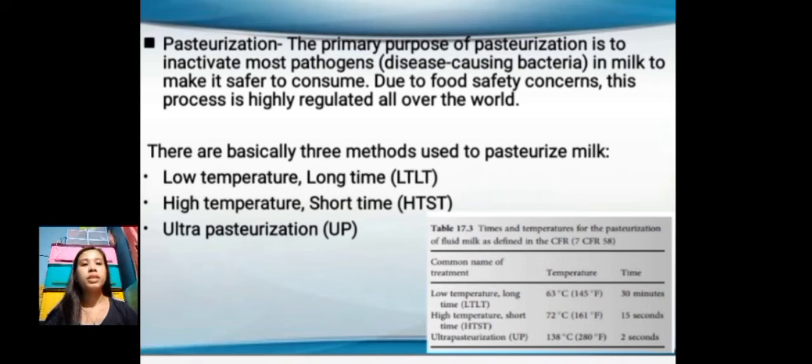There are basically three methods used to pasteurize milk. First is low temperature, long time, or LTLT. High temperature, short time, or HTST. Ultra pasteurization, or UP. Next is dairy product processing, which will be reported by my partner, Diane Grace Taduran.